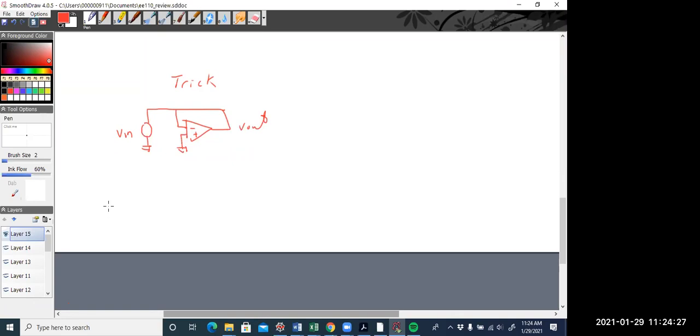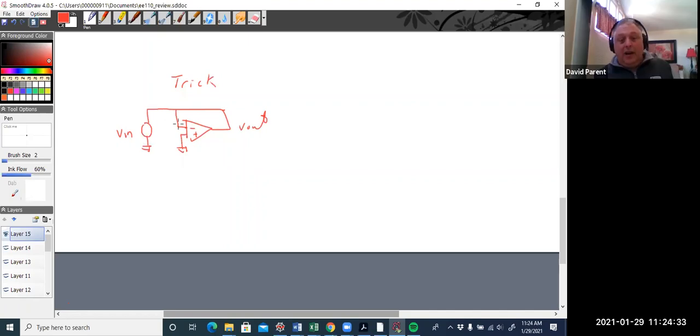Would it be inverting? Well, it's certainly coming in on the negative side, but remember, in our nodal analysis there's no elements in between, so this whole node is the same thing.